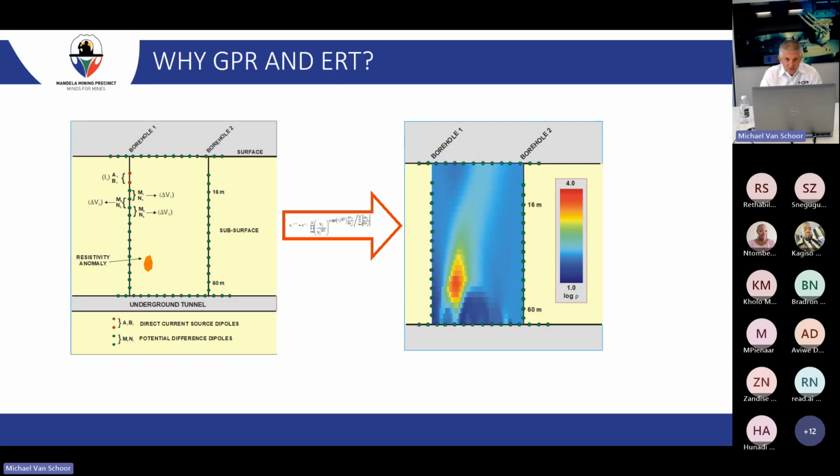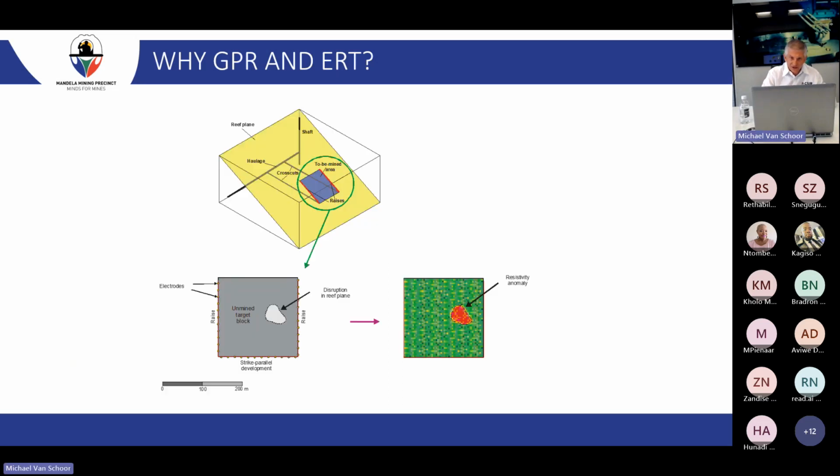And the idea is to probe for anomalies or changes in your resistivity structure in the plane that you are defining with your electrode setup. And if I can just move to the next slide, this is not schematic, it's real data.